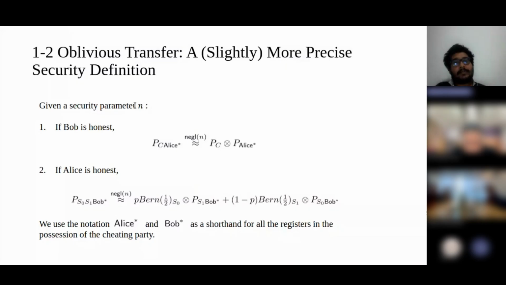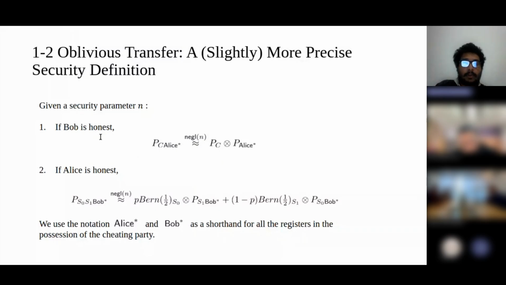Given this security parameter n, the first condition is that Bob is honest and Alice is the cheating party. We denote all the registers that a cheating Alice holds at the conclusion of the protocol as Alice star.